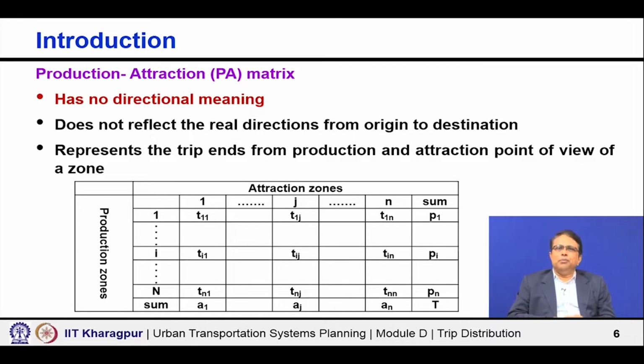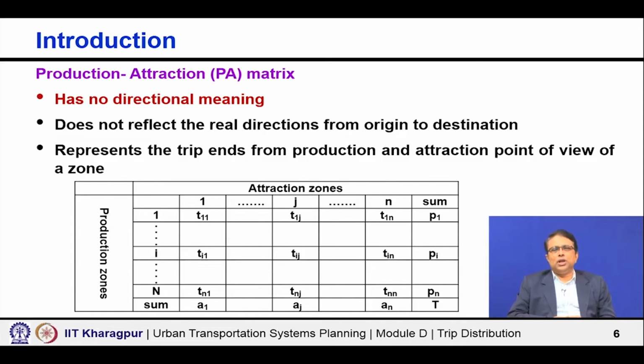So, I am saying between 1 and 2, 100 trips are produced, right, but we really do not know the real directions from origin to destination. It represents trip ends only from the production and attraction point of view of a zone.